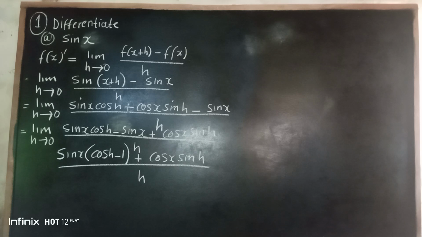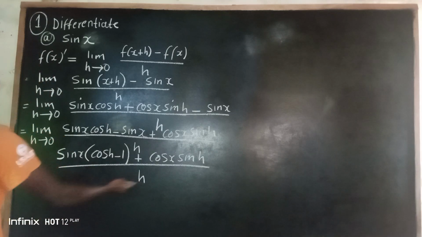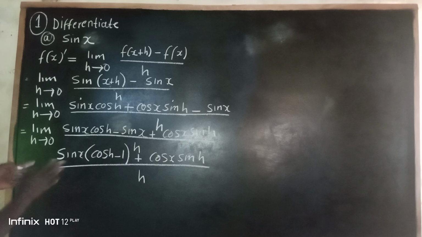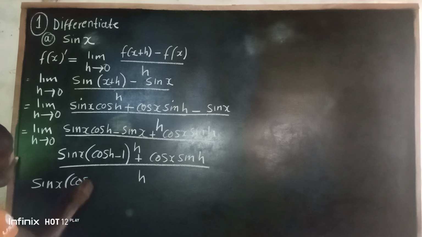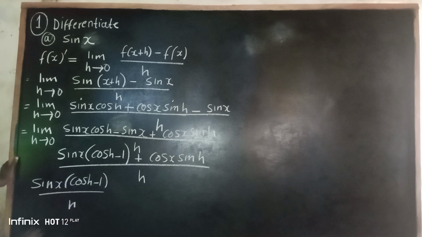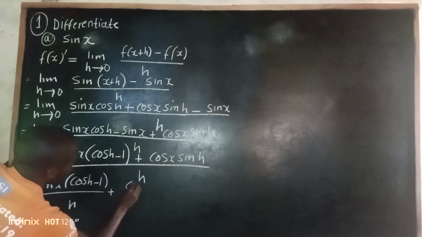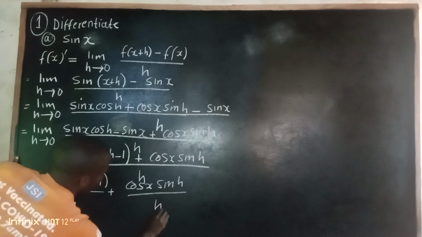Now we can separate this fraction since we have addition. Remember, the denominator caters to both terms, so this can be written further as sine x times (cos h minus 1) over h, plus cos x sine h over h.